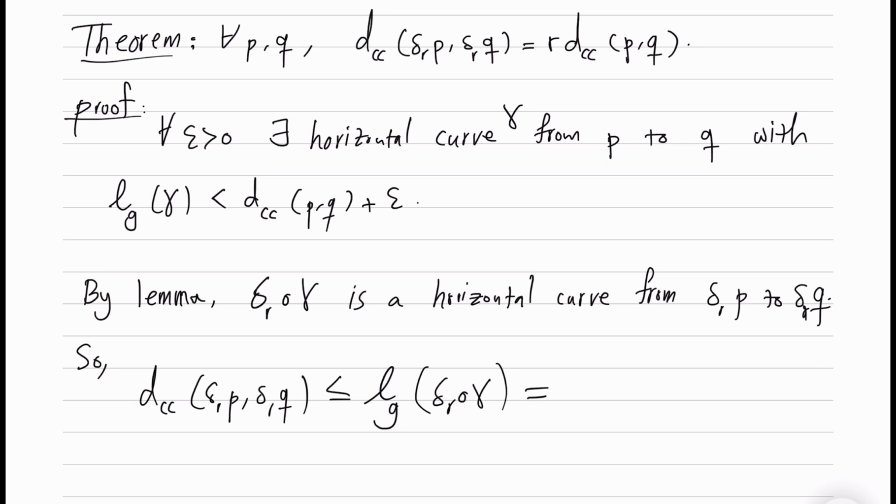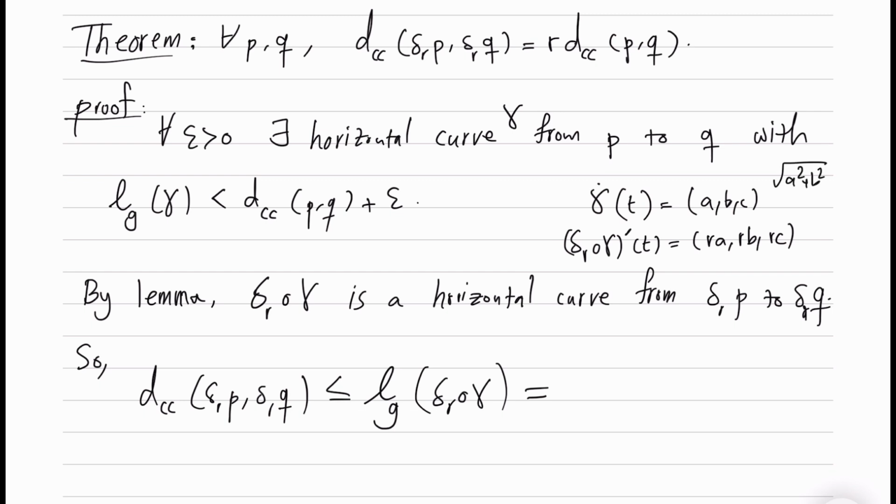But now here is again back to this notion that delta r of gamma, whatever gamma prime is, A, B, and C, delta r composed with gamma, its derivative at t, is just rA, rB, and rC. Therefore, this length that we had, which was square root of a squared plus b squared, is exactly scaled by r.